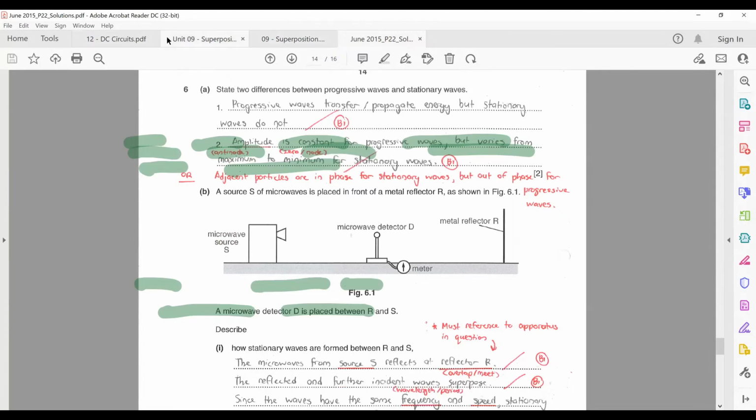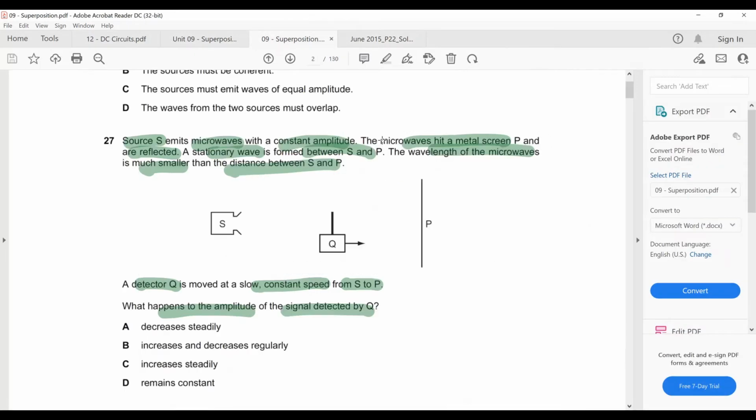So what's happening here is that you have microwaves going towards this direction, and then microwaves being reflected in the opposite direction. So waves in opposite directions overlapping with the same speed and same frequency, you're going to have stationary waves. Your stationary wave would look something like this.